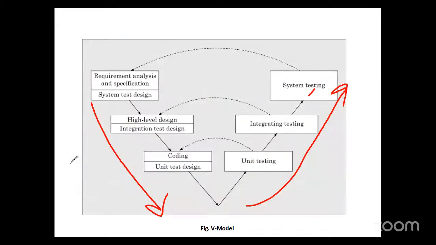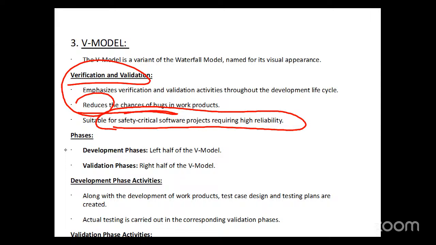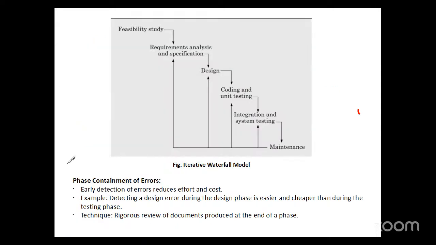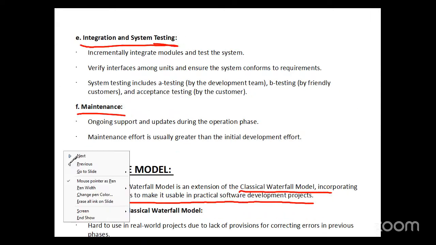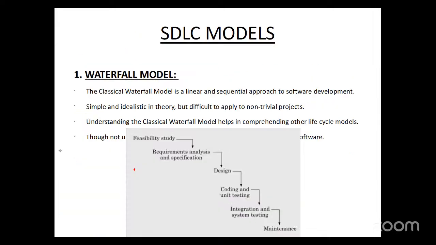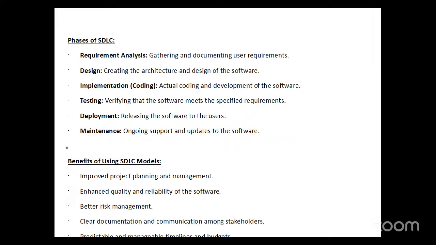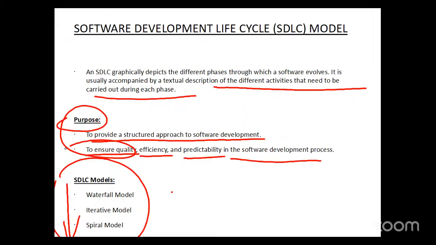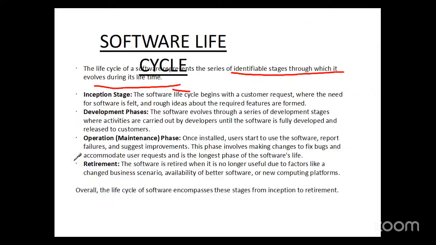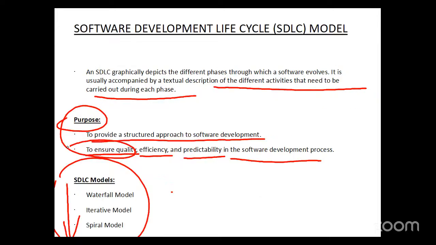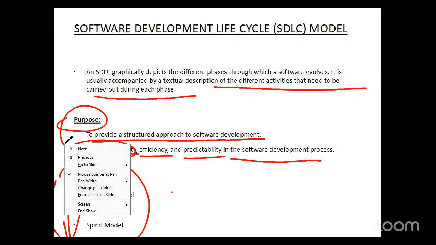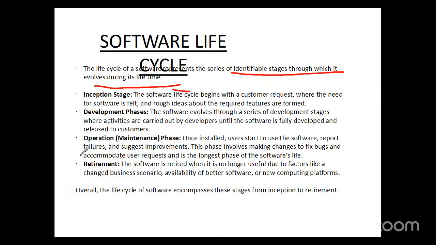Okay, so we have seen in the second part the software life cycle phases, then SDLC, then what else have we seen? Iterative waterfall model and waterfall model, V model, and the differences between the V model and waterfall model.